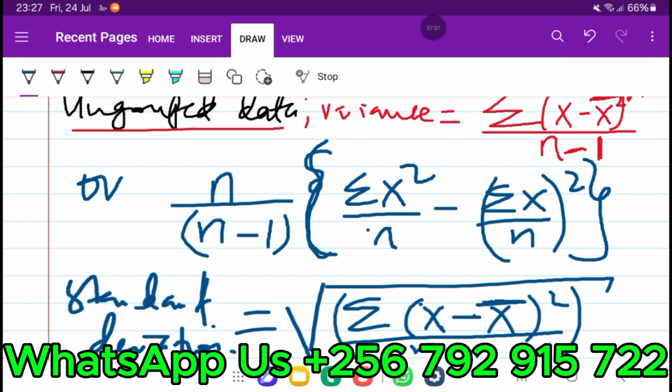So if we are dealing with an ungrouped data set, those are the formulas that we expect you to know. Use the same data that we used up there to compute. We have already computed x squared.